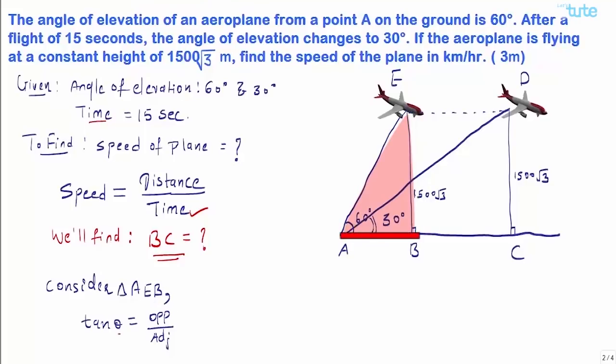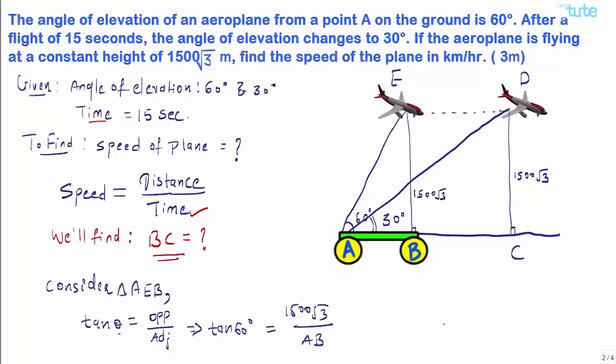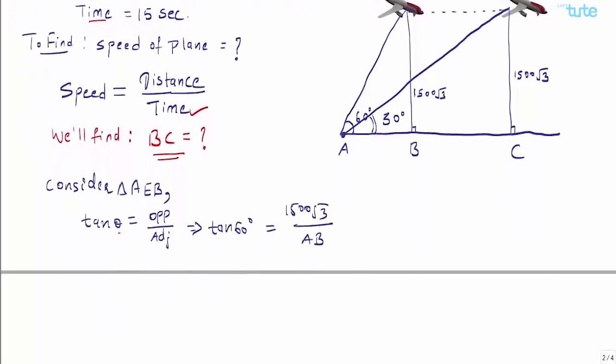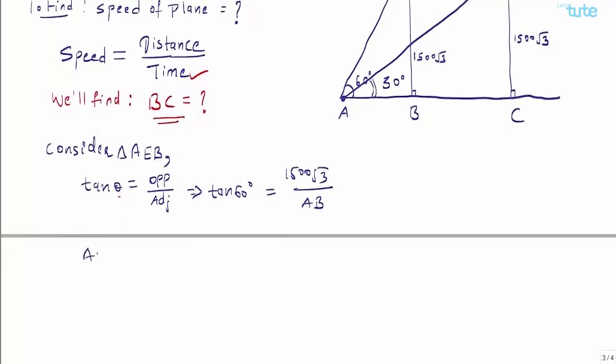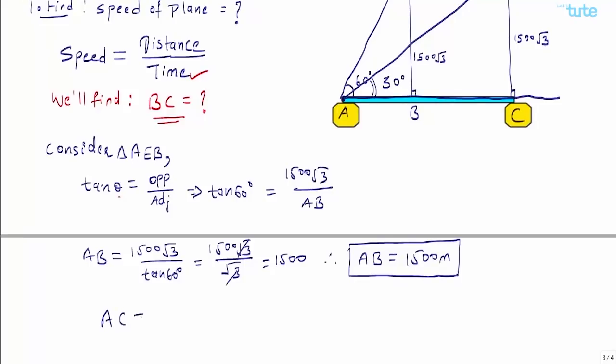So this implies that tan 60 degrees is equal to 1500√3 upon AB. So on simplifying, we know that the value for tan 60 is √3. Therefore, AB is equal to 1500 meters. And now I can also write down side AC as.